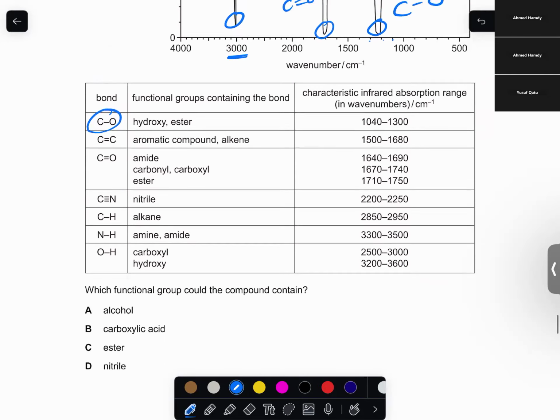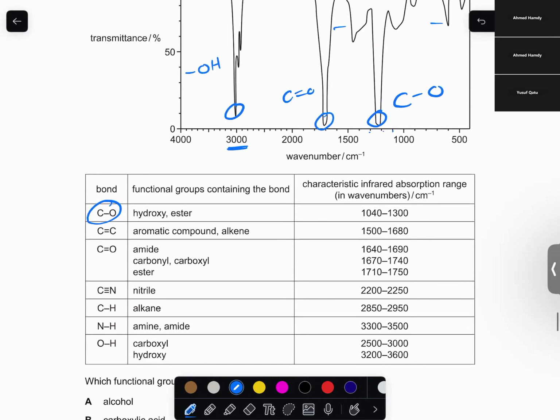Which functional group could be contained? We have C=O, we have C-O, and do we have OH? We don't have an alcohol because we have C=O and no OH peak.